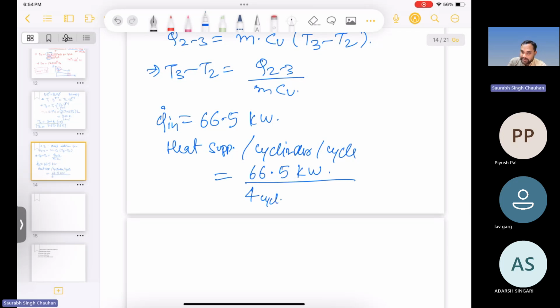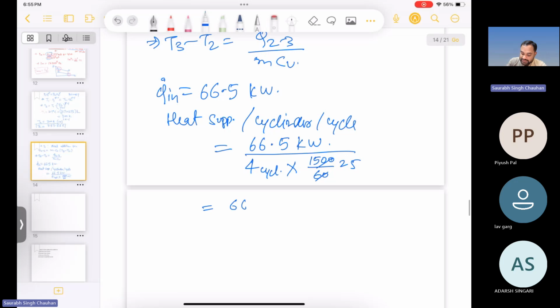And how many cycles in 1 second? 3000 revolutions in 1 minute means there will be 1500 cycles in 1 minute, and 25 cycles per second. So 66.5 divided by 4 times 25, correct?